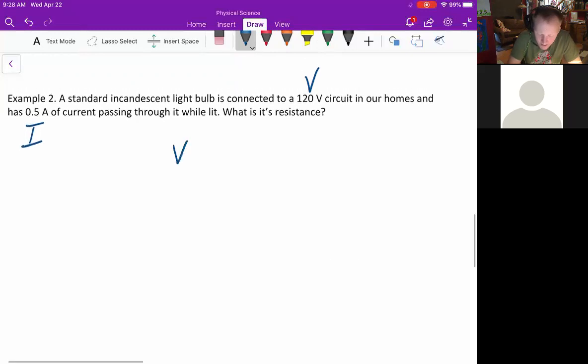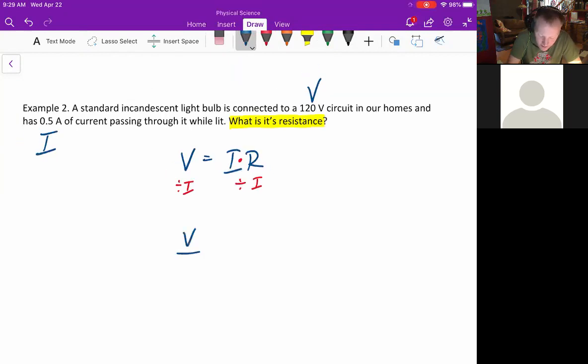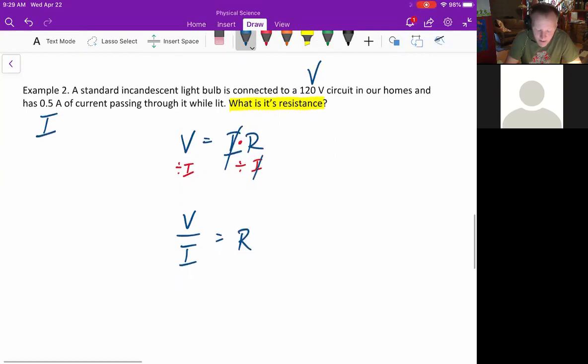I know from Ohm's law that V equals I times R, but this one's asking me what is its resistance. So I have to rearrange this formula and find what R is equal to. It's I times R there, so I have to do the opposite. I'm going to divide by I, and I have to do it on both sides, because those are the rules of algebra. In order to keep the two sides equal, I have to do that. On the left-hand side, I have V divided by I. On the right-hand side, I and I cancel, so I'm just left with R. And I can put my values in this way.